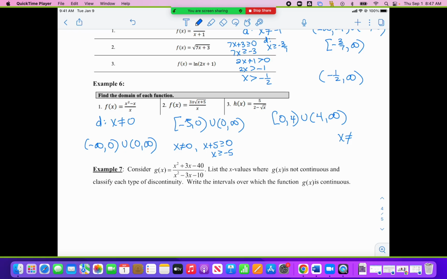The 4. Stop and think about that: 2 minus the square root of 4 is 2 minus 2. But then I also have that x has to be greater than or equal to 0. All right, this is a natural stopping point.